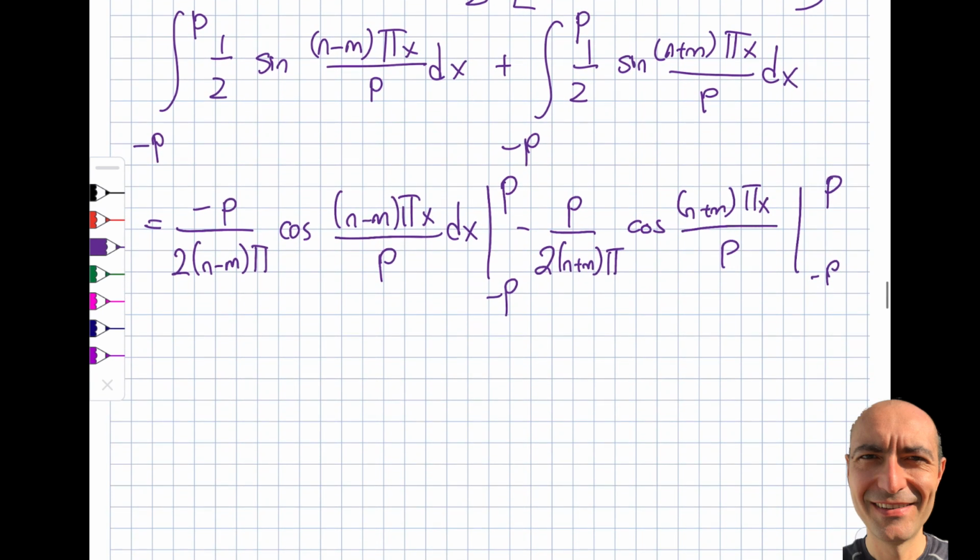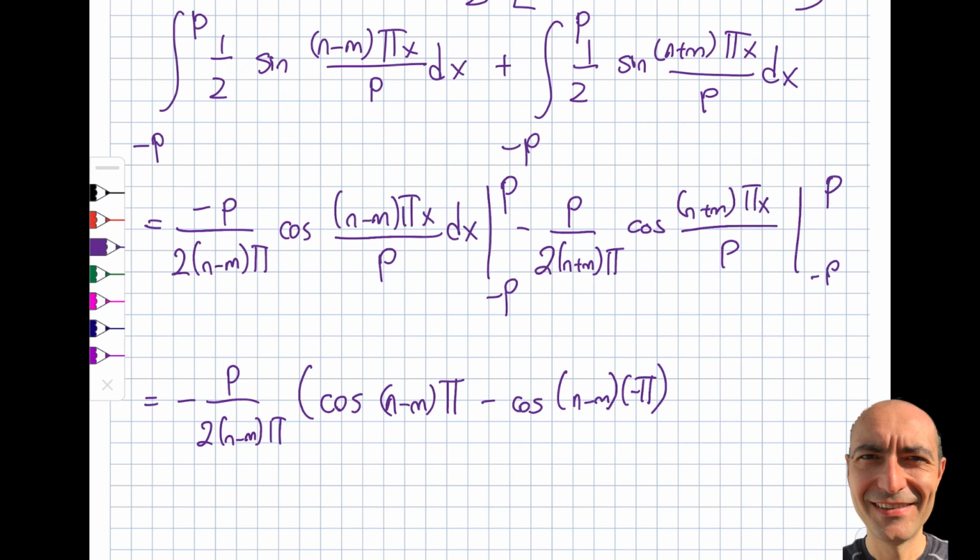So this is going to be minus p by 2(n minus m) times pi, and then when I plug in cosine, when x is equal to p, the p's will cancel, so I'm going to get n minus m pi minus, let's actually continue this, when I plug in cosine, n minus m minus pi, right?